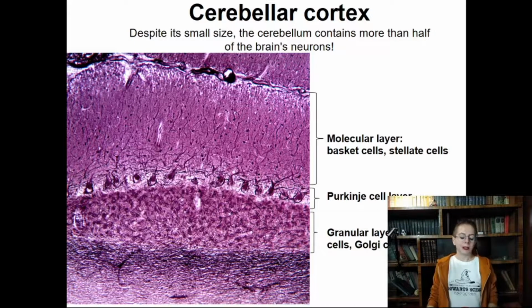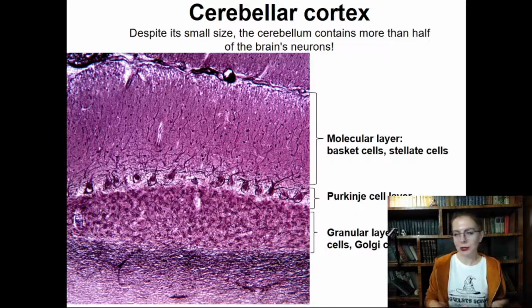Then next, cerebellar cortex. So cortex found on the surface of the cerebellum has quite another organization, and it has a lot of cells which are organized only in 3 layers. So those 3 layers are very well distinguishable, very easy to distinguish them. So let's look at the specimen first of all.